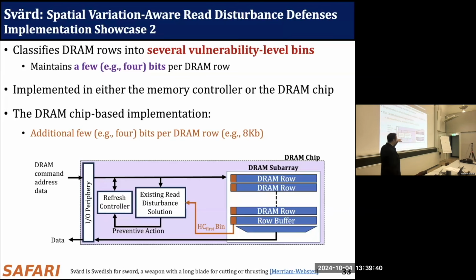So can those bits change? Ideally, you don't want any bit to change in a DRAM row. The basic assumption is that your existing read disturbance solution is already counting activations and refreshing your row when necessary, so that there's no bit flip in your row. When you do the profiling, you do the profiling for those bits as well. So if you protect your row, those bits are also protected.